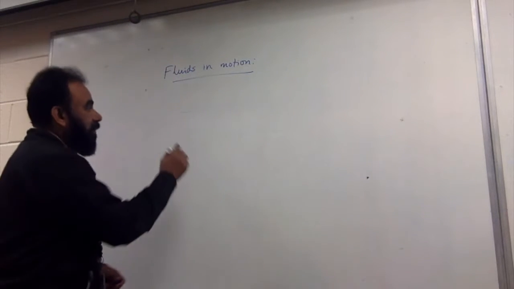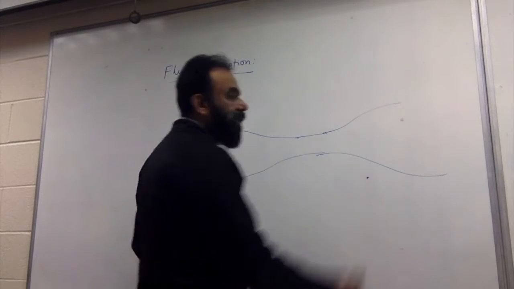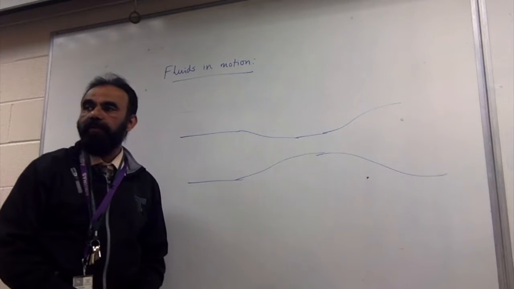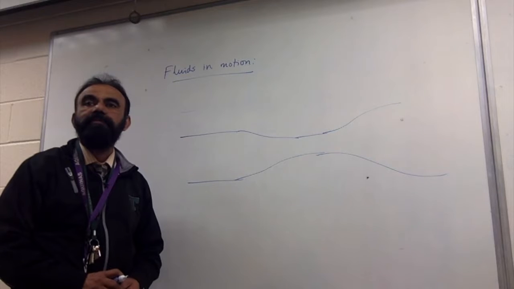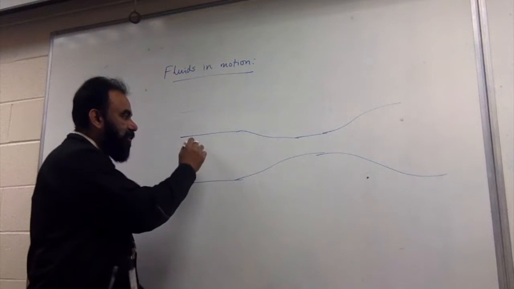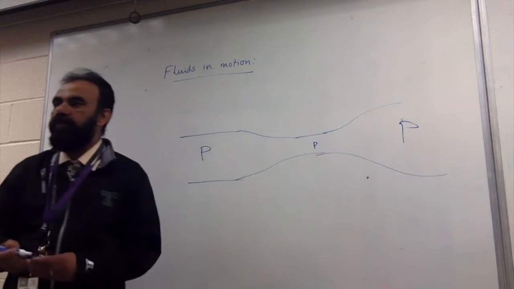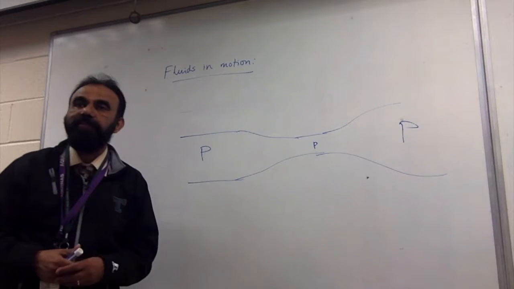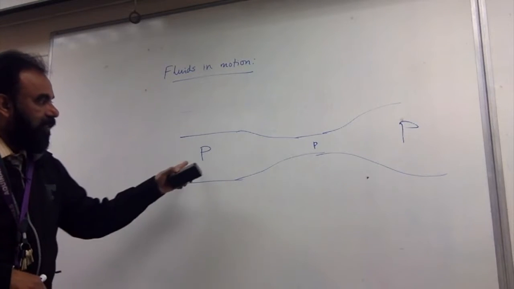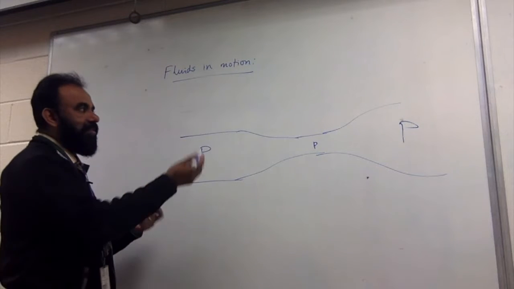So if you look at the river back again, the river is narrower here and then wider there. Where is the pressure high in the fluid? On the left side and right side, the pressure is high. It's lower here, because the flow is faster here. So if there's a tube letting water go like this, this is exactly what happens.